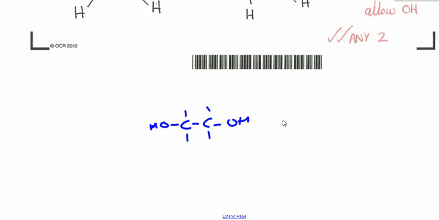So here we've got a C double bond O, OH, CH3, and on the other side, ethanoic acid, the same thing again, double bond O, OH, and we've got our CH3. I'm not putting my hydrogens on.